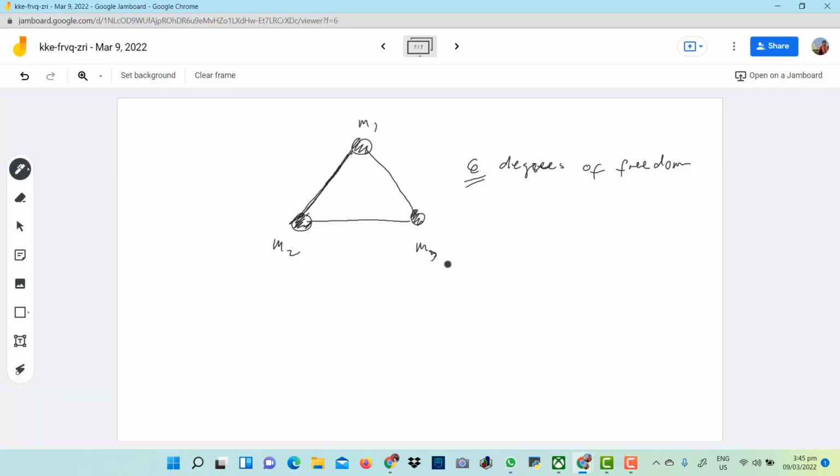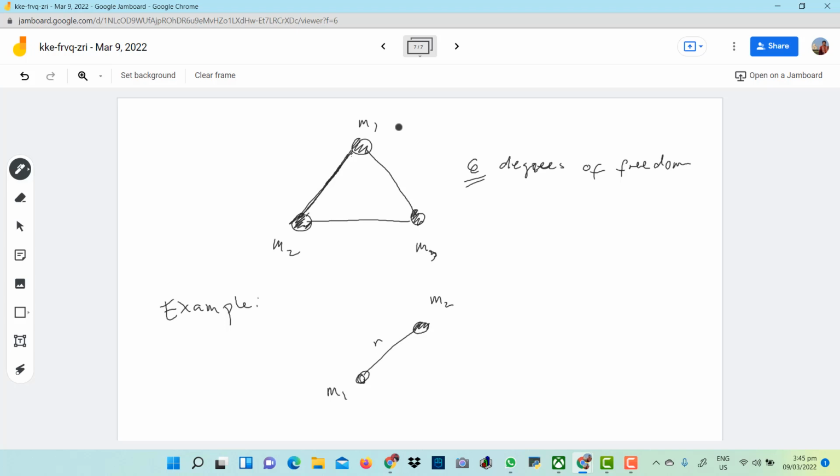Okay, let's go back to an earlier example. The example is mass 1 and mass 2, separated by a rod.